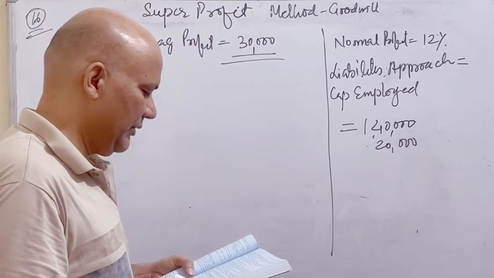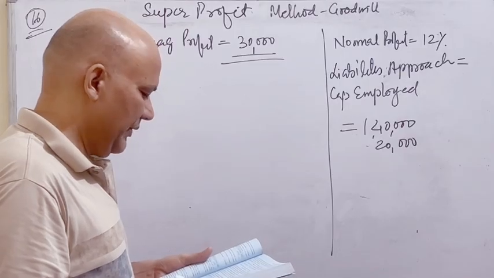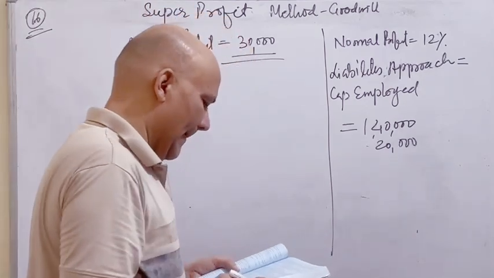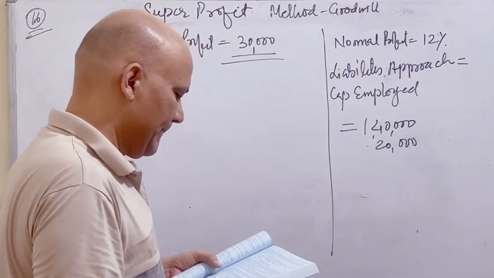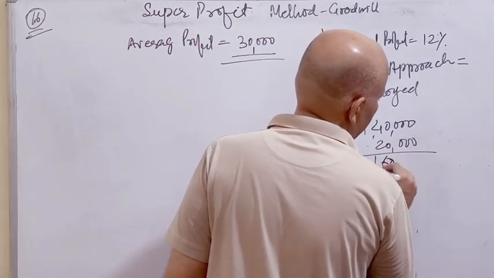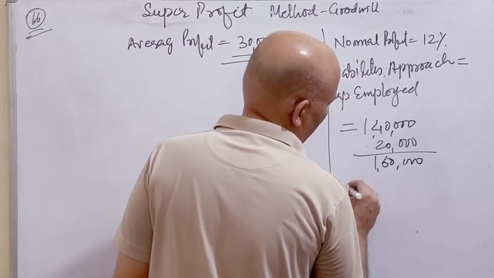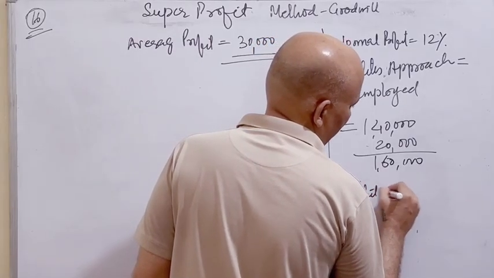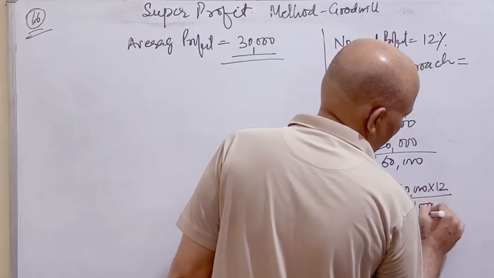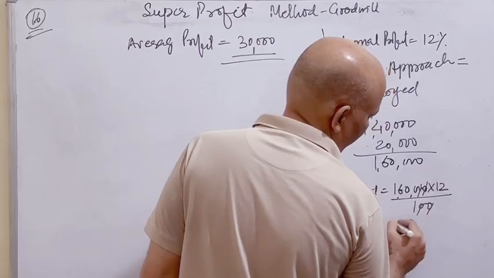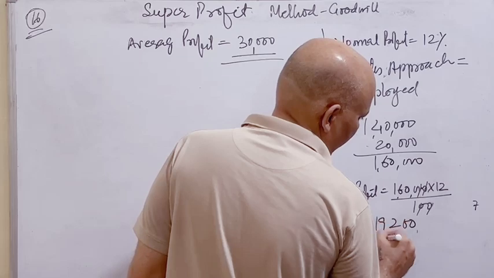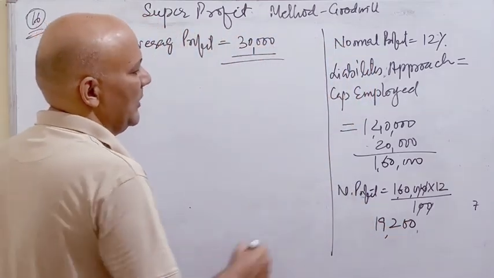We don't have any fictitious asset; furniture, stock, debtors and cash are not fictitious. So the total is 1,60,000. Our normal profit would be 12% of 1,60,000, which is 19,200.